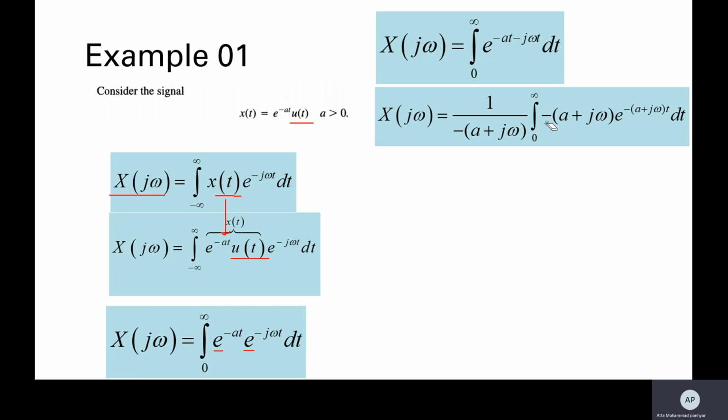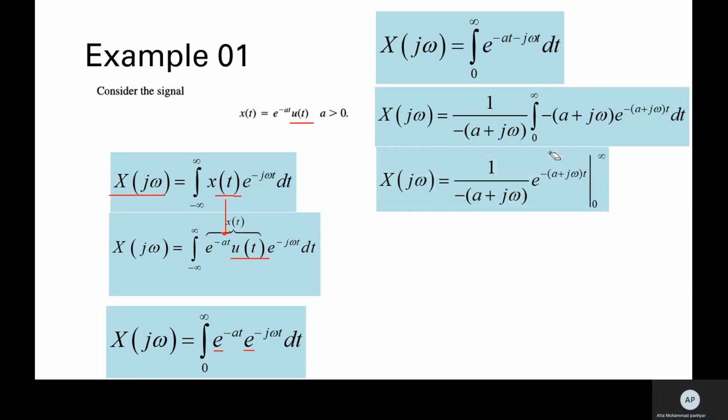This part is missing here, so I have divided and multiplied, so it won't affect the equation. Now we have f dash of x here and f of x here, so its integral would be e to the power minus a plus j omega t, right?